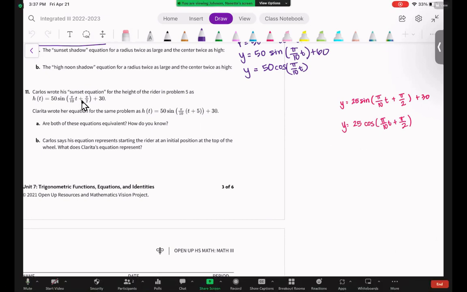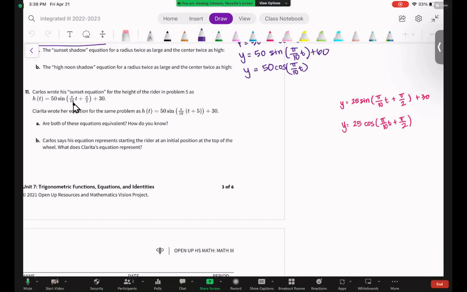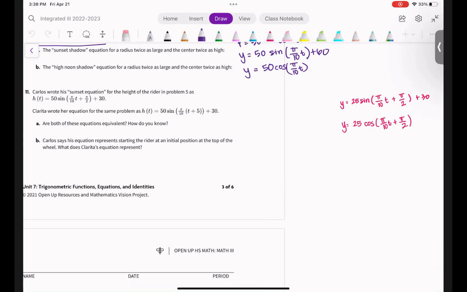So some of you are seeing, Ms. Johnson, I see the 50 is changed. I see this pi over 10t plus pi over 2 is the same, and I get the plus 30. Hold on a second. So are these two the same? 50 sine versus 25 sine. Pi over 10t plus pi over 2 plus 30 is the same.